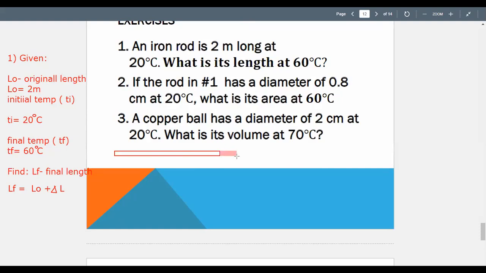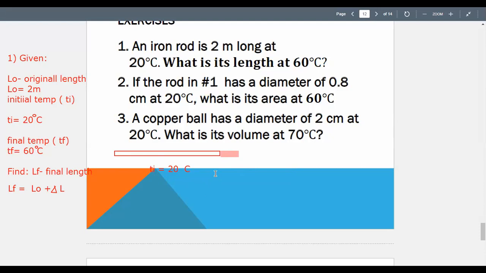So first, at an initial temperature, T sub I, of 20 degrees Celsius, its length is only up to here.